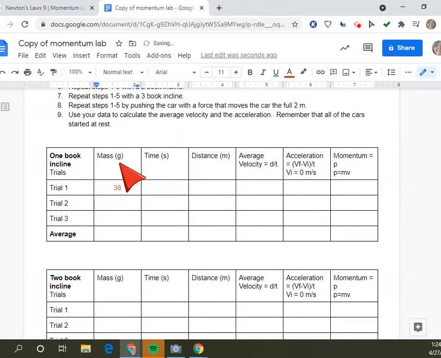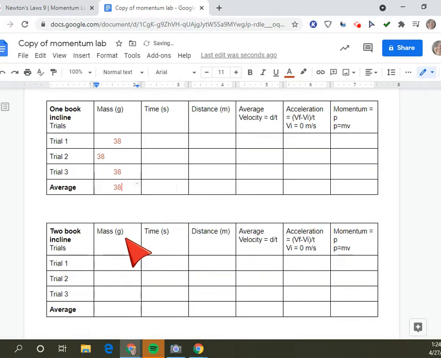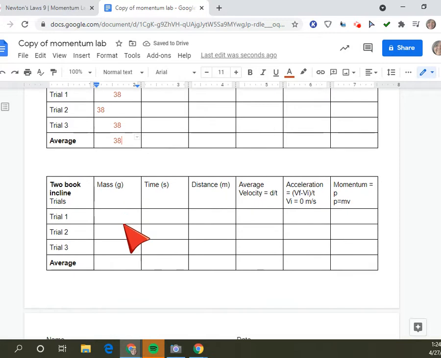Now, we can see that grams is already listed in our data table, so we don't need to put it in there. And we're going to use the same car every time. We can go ahead and just add 38 each time to each of the boxes. And honestly, we could go ahead and put 38 all the way down because we're going to use the same car every time, and it's not going to change its mass at all.